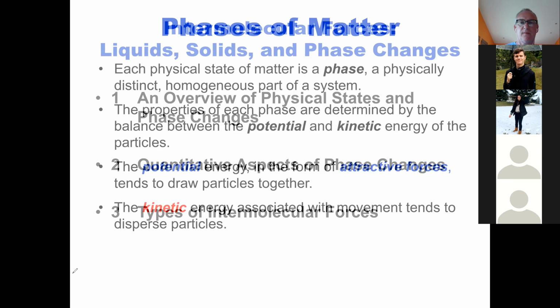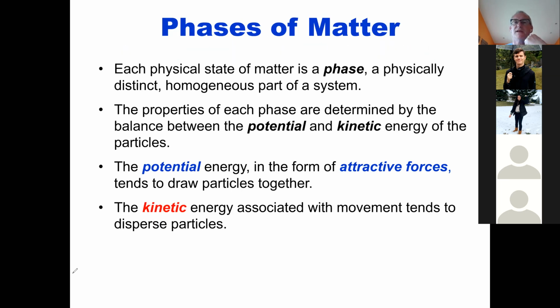So each physical state we just call a phase: solid phase, liquid phase, gas phase, and they're physically distinct. We've seen that they have physically distinct properties, like their specific heat is different depending on the phase.